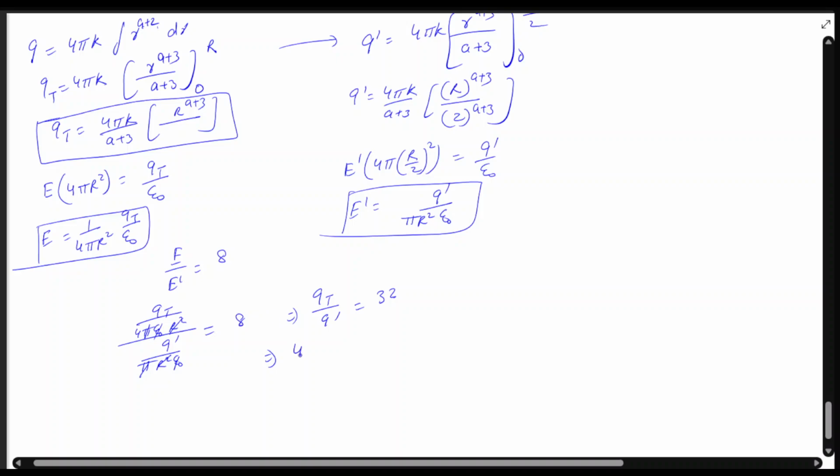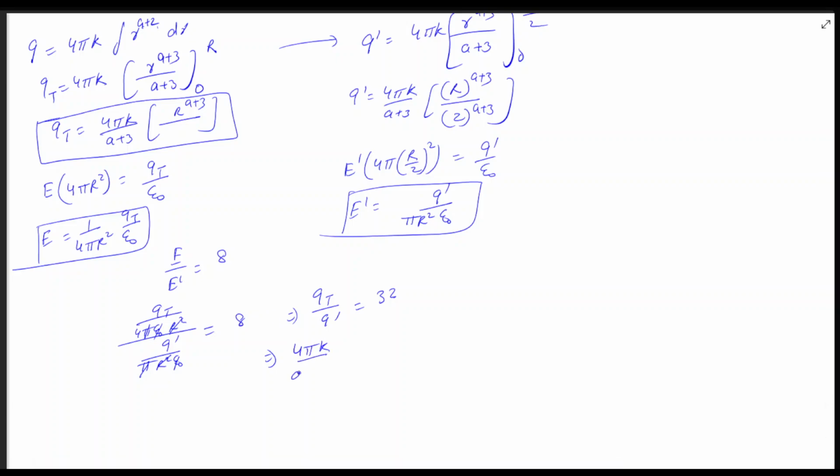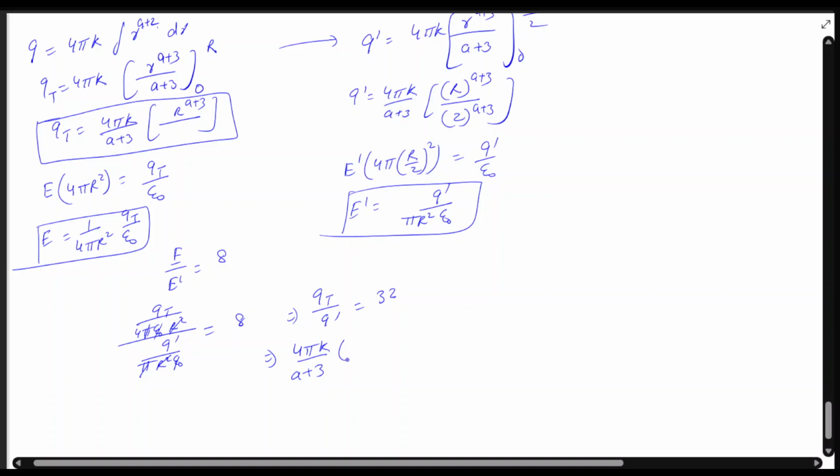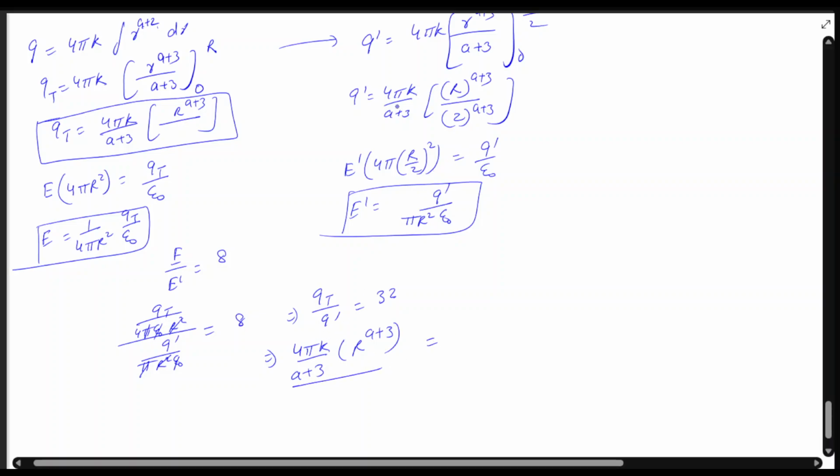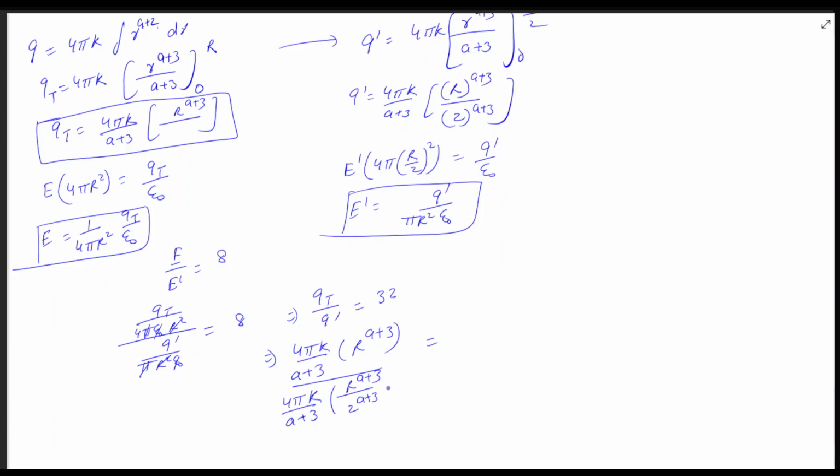Qt was 4πk by (a+3) times R to the power (a+3), and 32 we can write. Okay, so first let's put Q dash. So it's 4πk upon (a+3) and we will have R to the power (a+3) upon 2^(a+3), right?